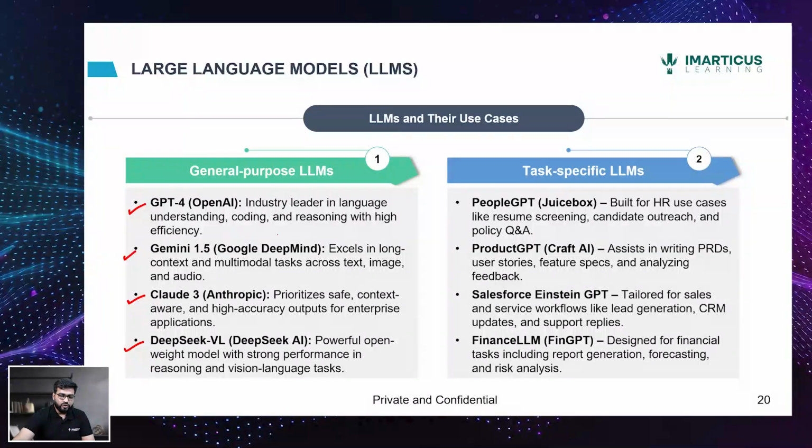When these models are created, they are created for general purpose. So to use them for specific tasks, companies come up with special large language models. How do they do it? They make use of these base models and fine-tune them for their own use case.